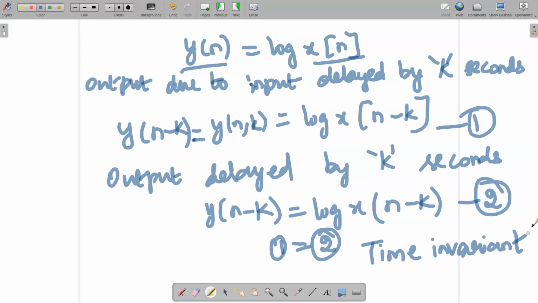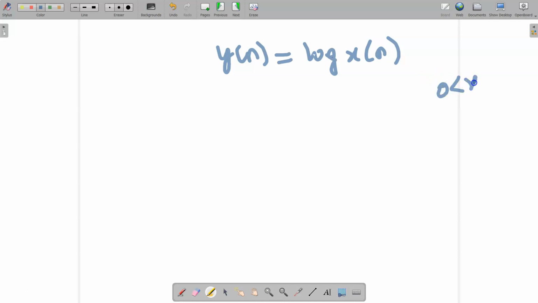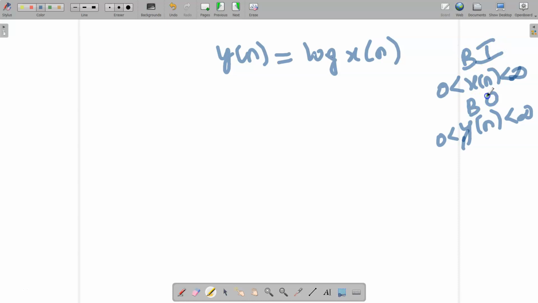And then finally, y of n is equal to log x of n. To check stability, whenever x of n is greater than 0 and less than infinity, I need to check whether y of n is greater than 0 and less than infinity, meaning that when I supply bounded input, I should get bounded output. So this is bounded input.